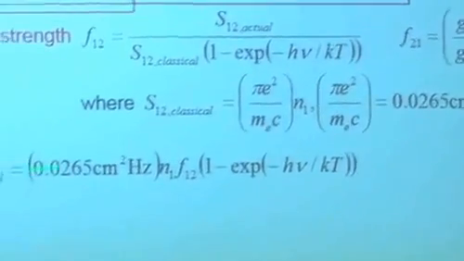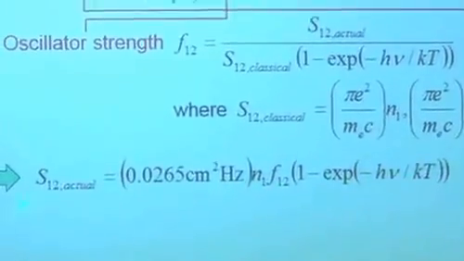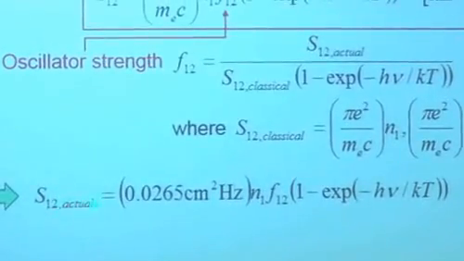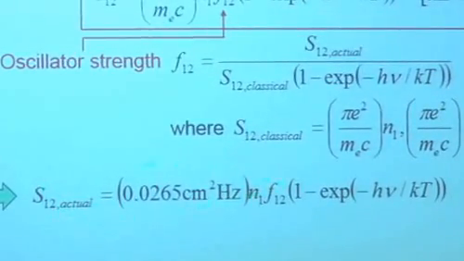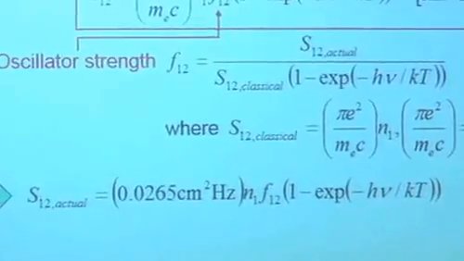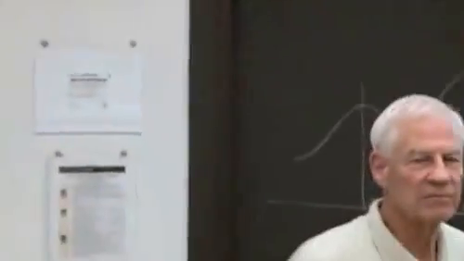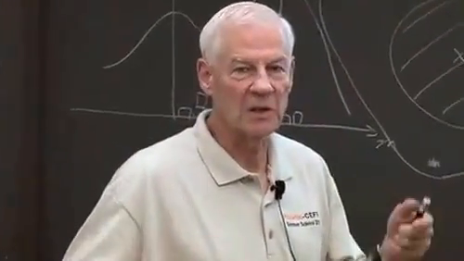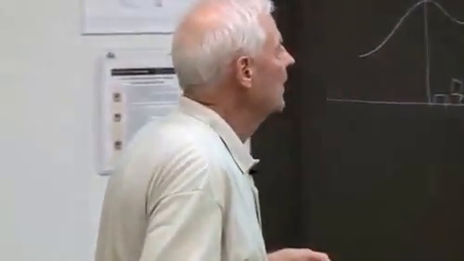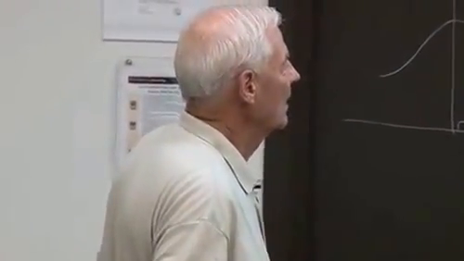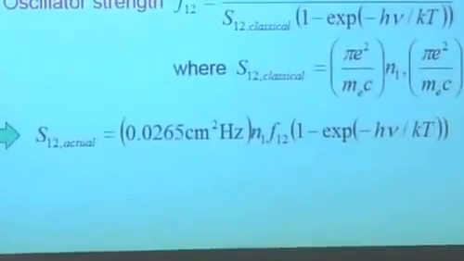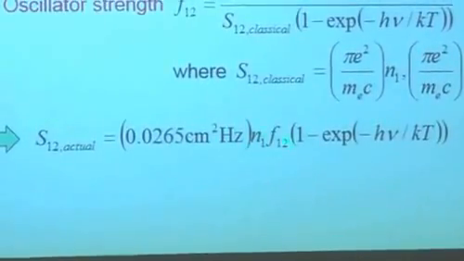So you could write it this way. I put in these units for you. Here's the S in terms of this number and the oscillator strength. Now, what are the units of the oscillator strength, F12? It's unitless. It's a ratio. This thing is usually close to 1. So this says that the line strength is like a constant times the number density times the oscillator strength. The fundamental number is the oscillator strength.